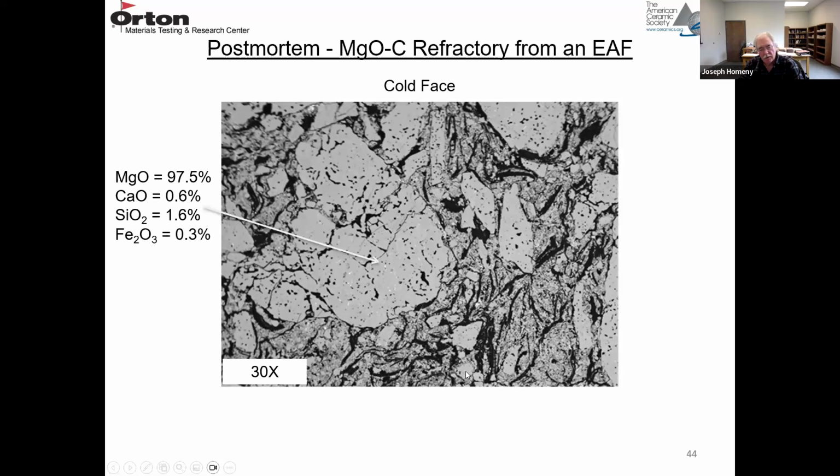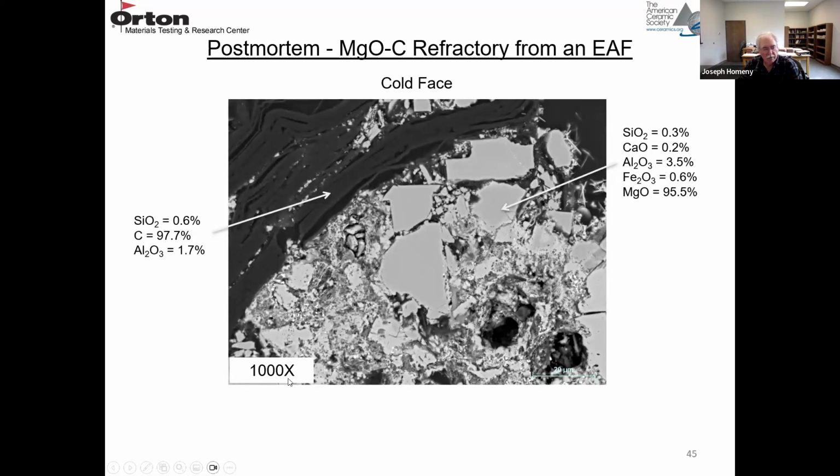And you can sort of see these black areas, they're the carbon flakes. So the aggregates are a dead burned or sintered MgO. You can see the little black spots, they're the pores, and the little white spots are the grain boundary phases.